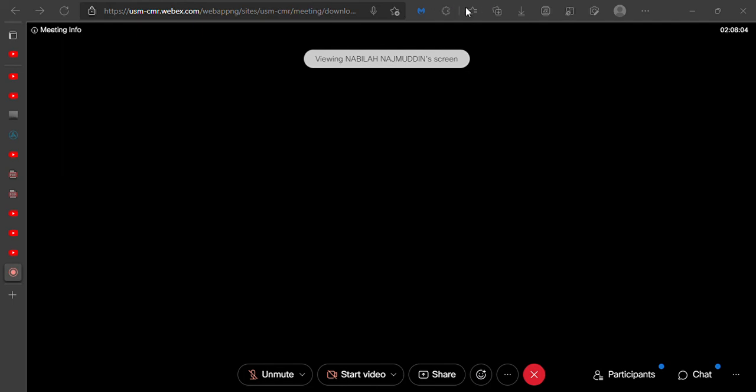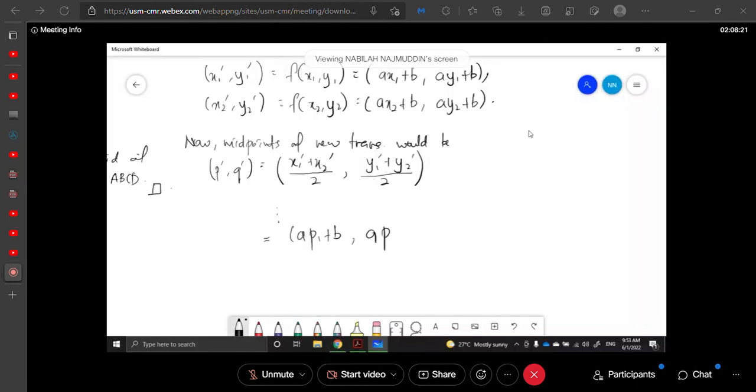So if you continue to do this, you should obtain a P plus B and a Q plus B. And this is actually the transformation of point PQ, right? That is, a P plus b, a Q plus b.